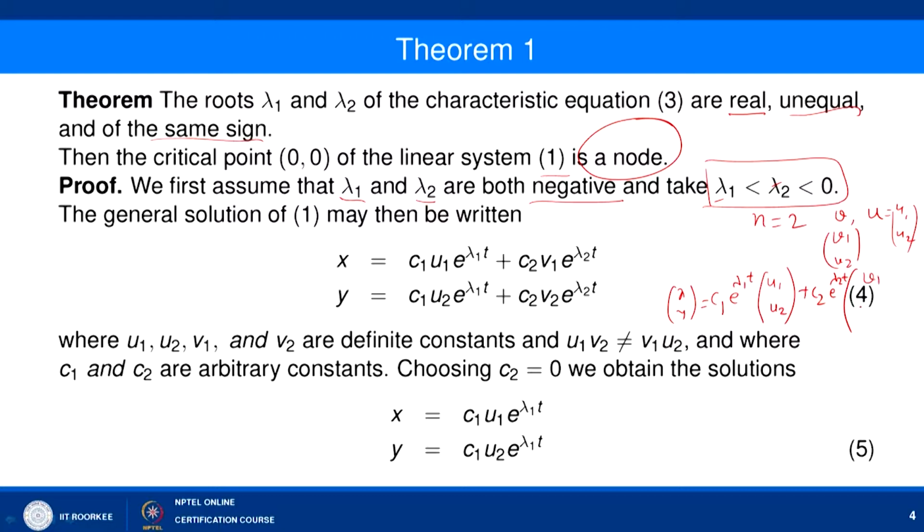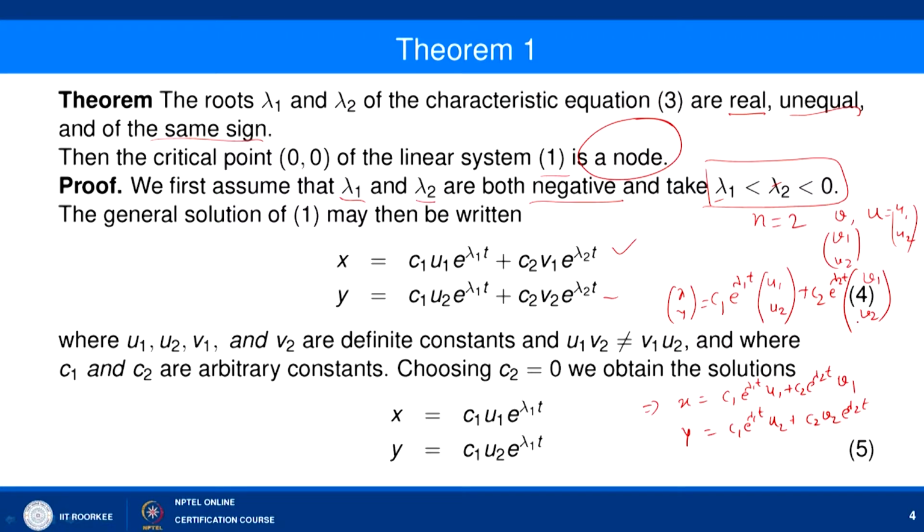When you simplify, you get x equal to C1 e to power lambda 1 t u1 plus C2 e to power lambda 2 t v1. Similarly, y is C1 e to power lambda 1 t u2 plus C2 v2 e to power lambda 2 t. So, this is the form of the solution.